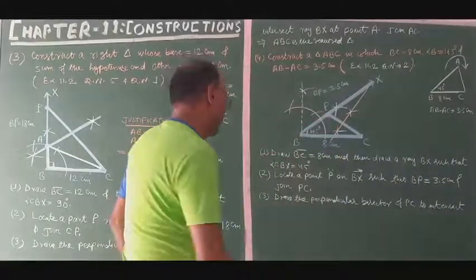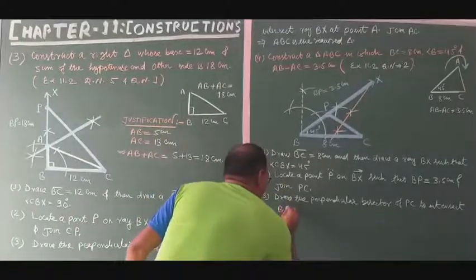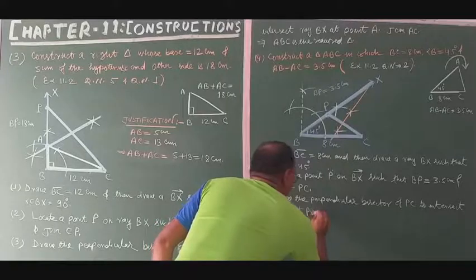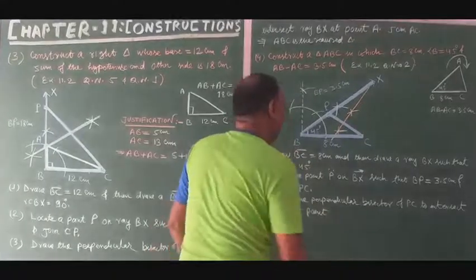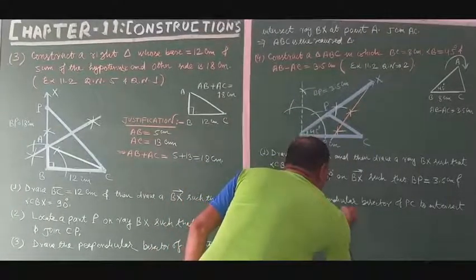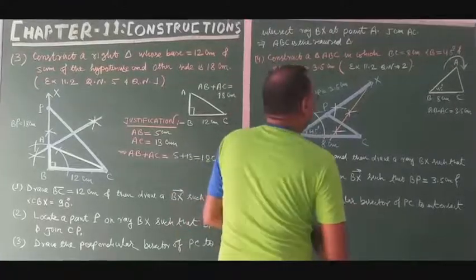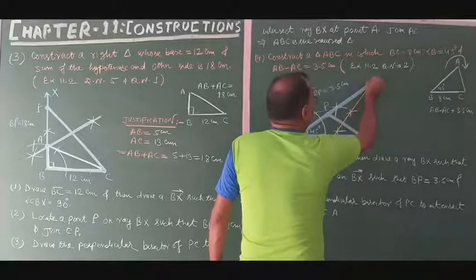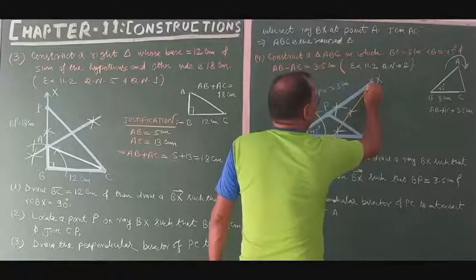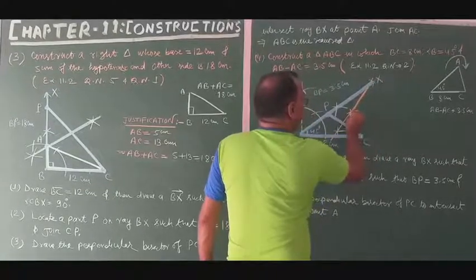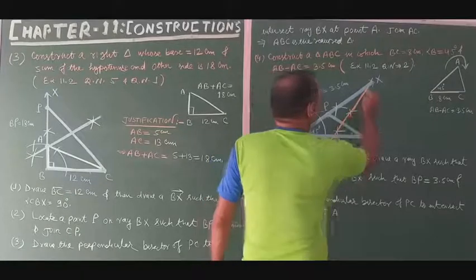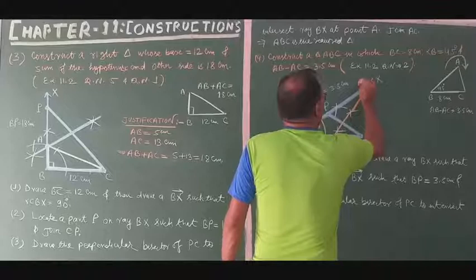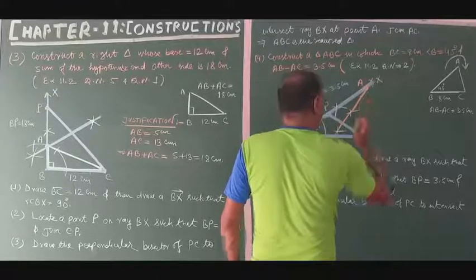Ray BX, to intersect BX at point A. Just look where this is intersecting. This is the perpendicular bisector. This is intersecting at point A.